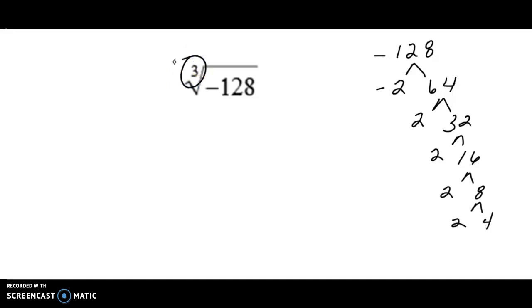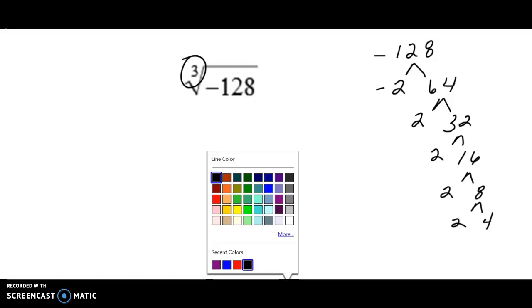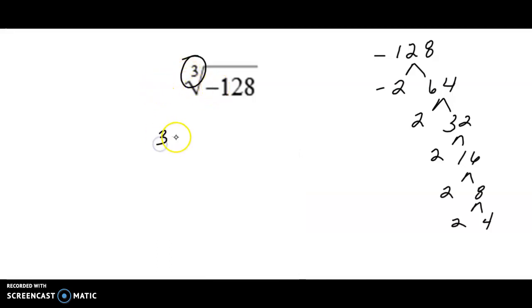So you're going to grab 3 of the numbers. Take one of the negatives with you, because this negative you can just bring out front, because it's almost like saying the cube root of negative 1 times the cube root of 128. So the cube root of negative 1 is negative 1.